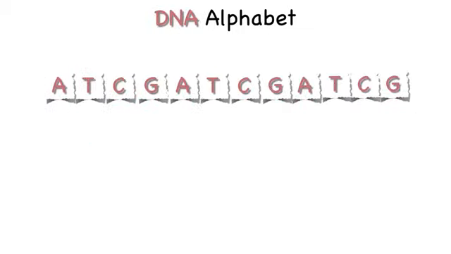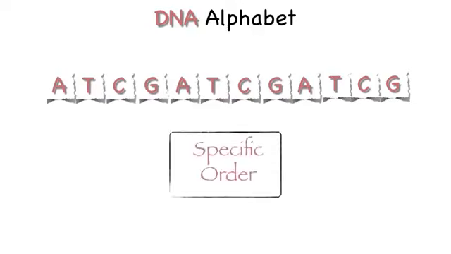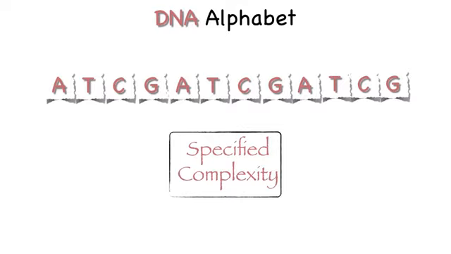One last example. Again, we have a bunch of random letters, but here we're using the letters from the four-letter DNA alphabet, the letters A, T, C, and G. Just like the English alphabet, when we take DNA letters and arrange them in a specific order, the technical term for this is specified complexity, we again see that a message is formed.